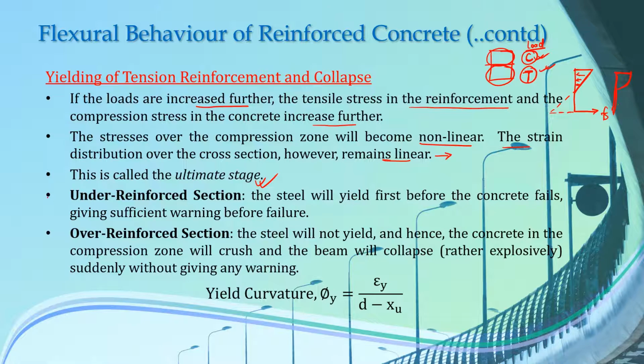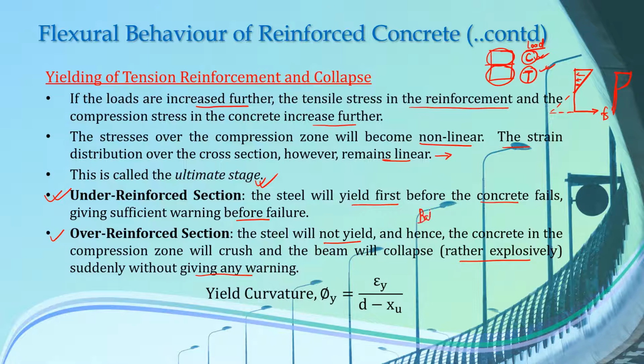If our section is an under reinforced section, the steel will yield first before the concrete fails, giving sufficient warning before failure. But if our section is over reinforced, the steel will not yield, and hence the concrete in the compression zone will crush and the beam will collapse rather explosively, suddenly, without giving any warning. So the failure may occur in either of these two ways.